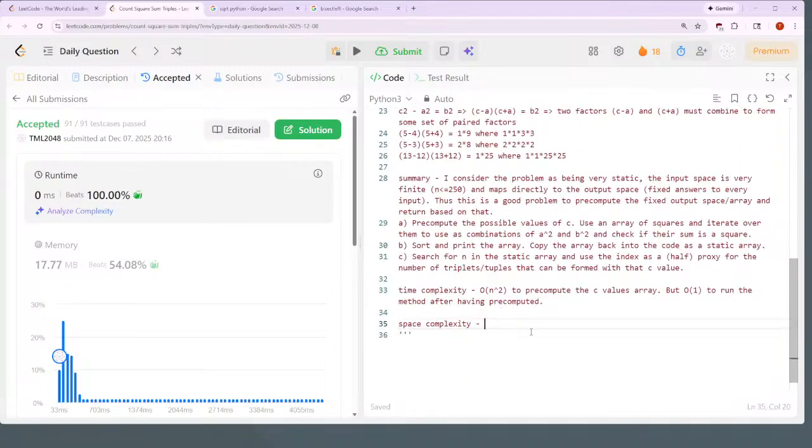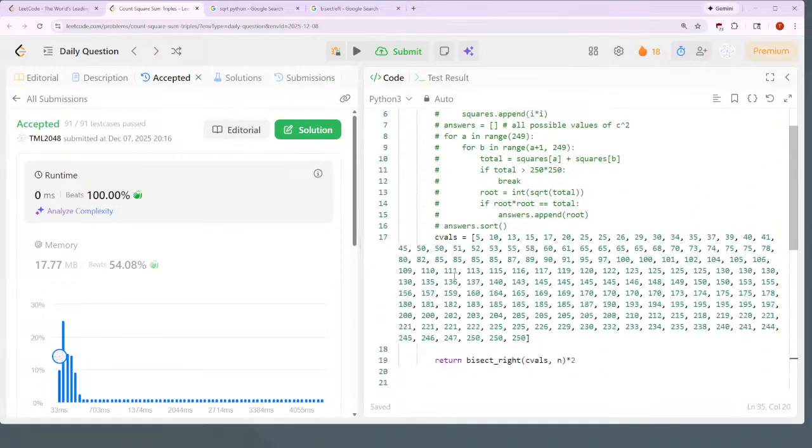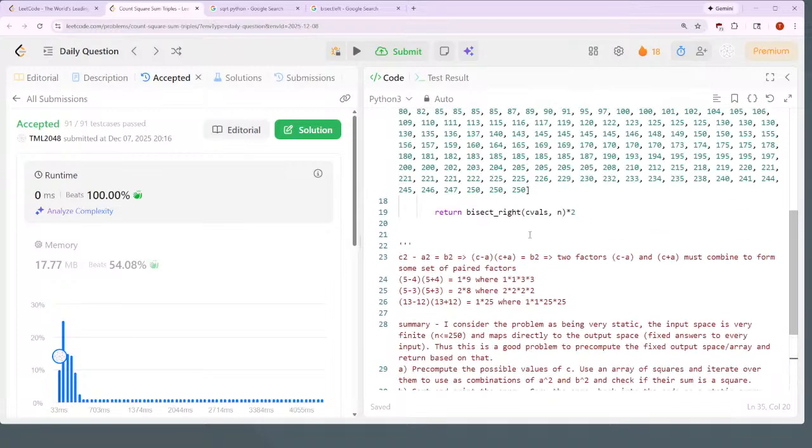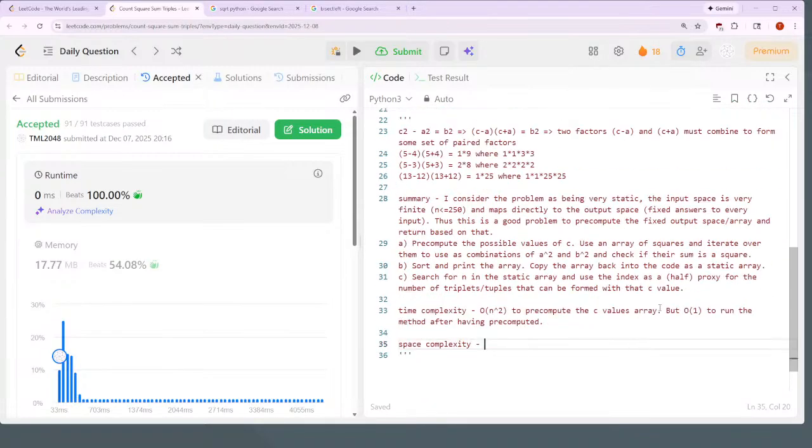Oh, wait, not quite right. It's actually O of log n because it's searching it, to run the binary search on the array after having pre-computed.